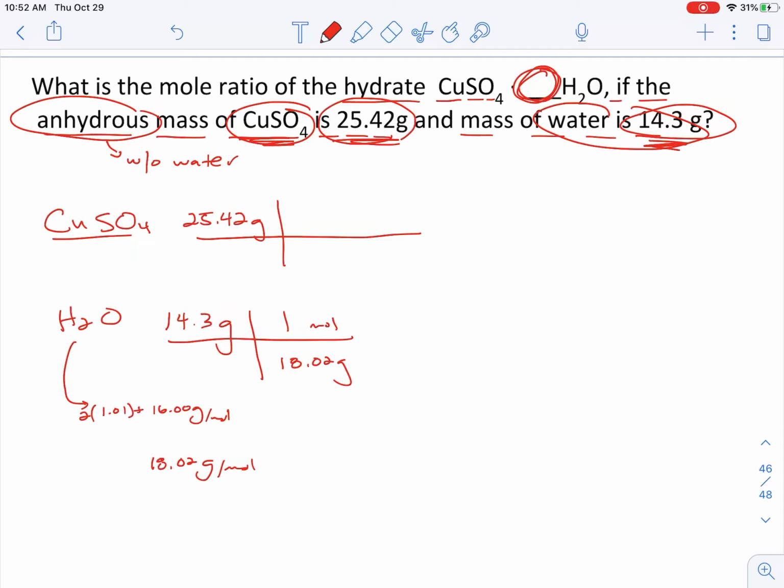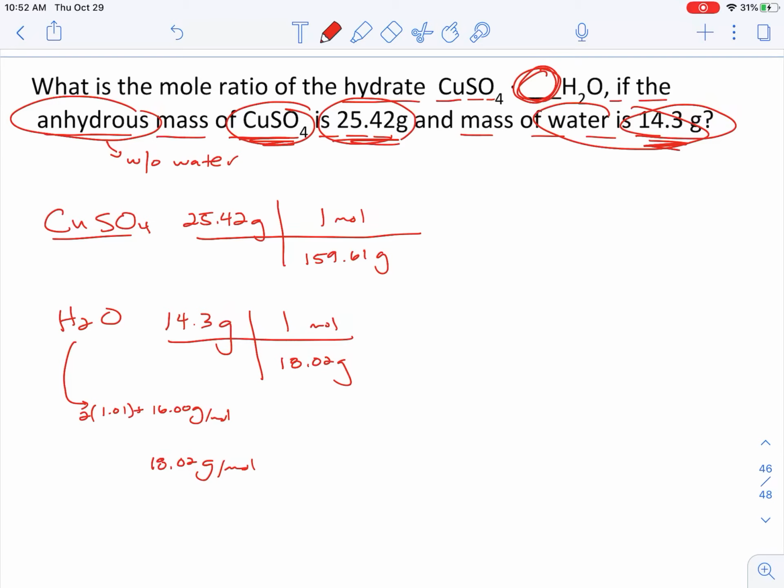And then for copper sulfate, if you were to go through the math and figure out the overall mass of CuSO4, it's going to be 159.61 grams for every 1 mole. Let me make sure I'm good there.